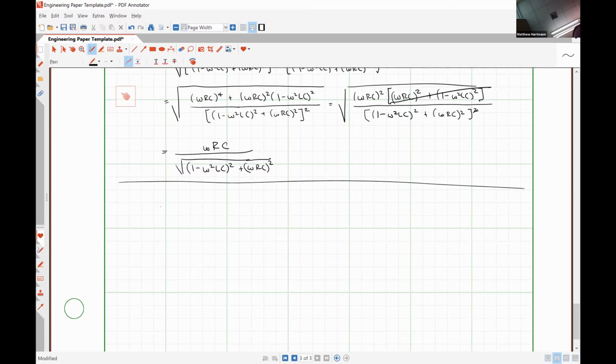And so I'm going to have 1 divided by the square root of 1 minus omega squared LC quantity squared, and when I move my omega RC underneath the square root sign, I'm going to have omega RC quantity squared plus omega RC squared over omega RC squared.